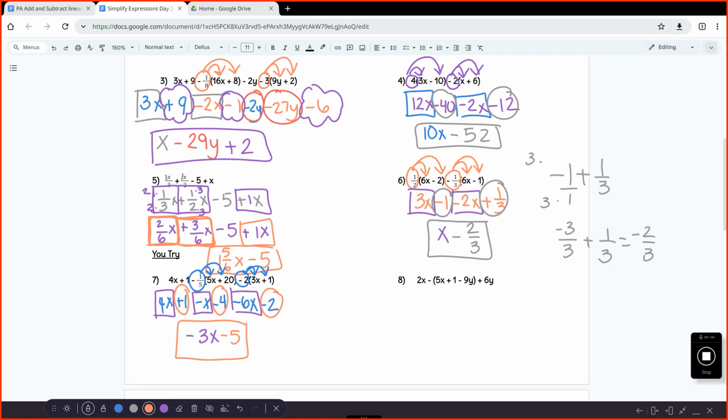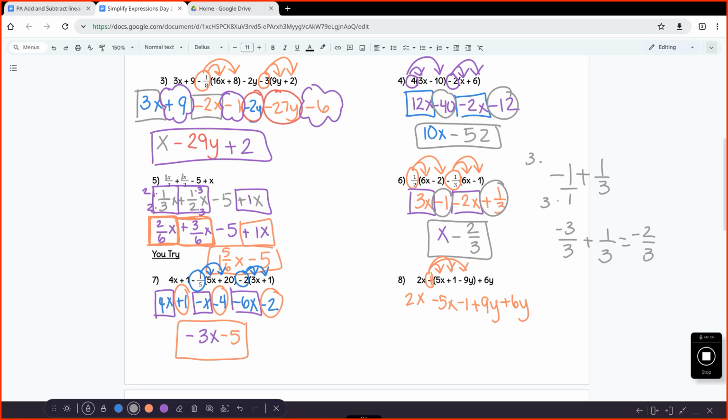All right, and then number 8 here, I see a negative next to the parentheses, so automatically I know I have a negative 1 there that I need to distribute. Negative 1 times 5x is negative 5x. Negative 1 times 1 is negative 1. Negative 1 times negative 9y is positive 9y, and then everything else drops.